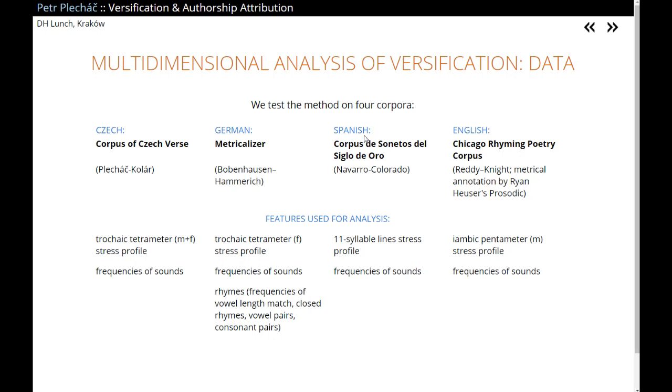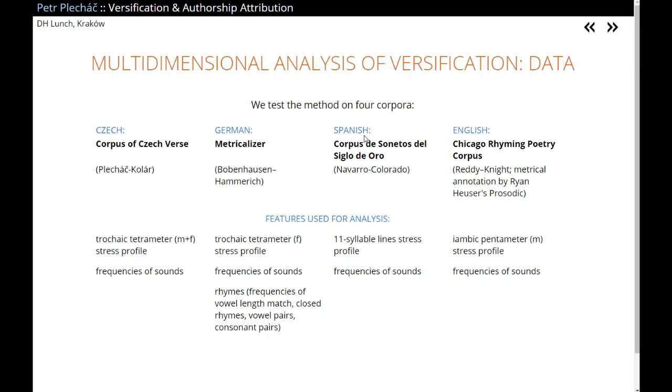But we did it only with the trochaic tetrameter with feminine lines, because there were not enough masculine lines to analyze. And that's why we add also some characteristics of rhyme to have a larger set of features. This include the frequency of vowel length match, how often the length of a vowel in a rhyme pair is the same. Closed rhymes, or in other words, rhyme ending with a vowel or with the consonant, and then simply vowel pairs and consonant pairs, or consonant cluster pairs in a rhyme.